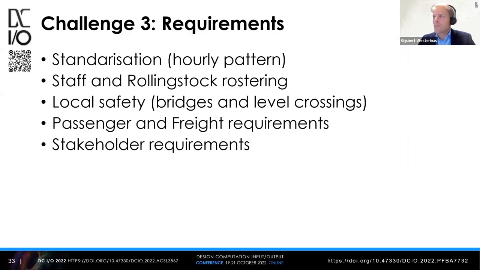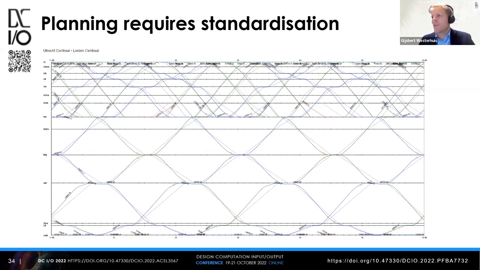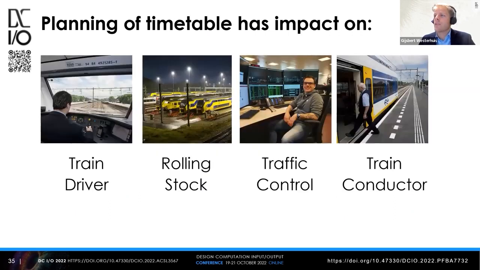The third challenge is there are, as I just told you, a lot of requirements of standardization, rostering, local safety, passenger and freight requirements, but also stakeholder requirements in timetable design. So first, the requirement of having every hour the same. It's difficult to have that. The second one is if you change the timetable, for instance, real-time timetabling, it can be possible.